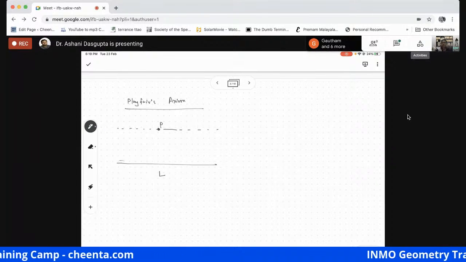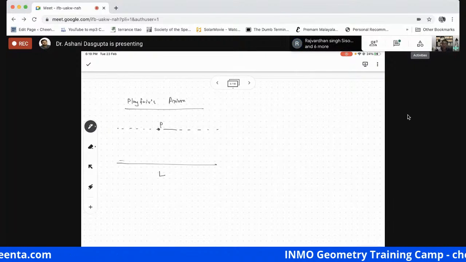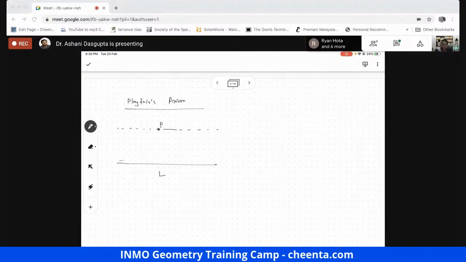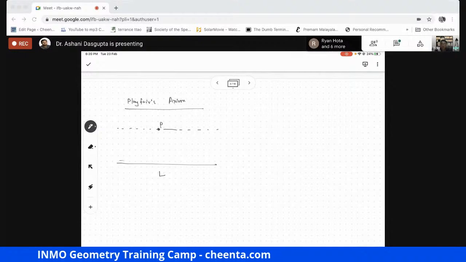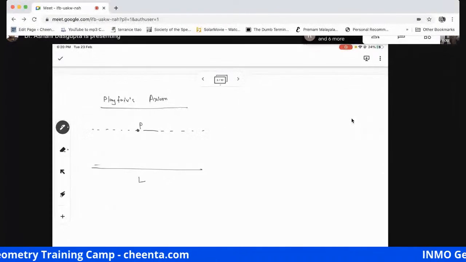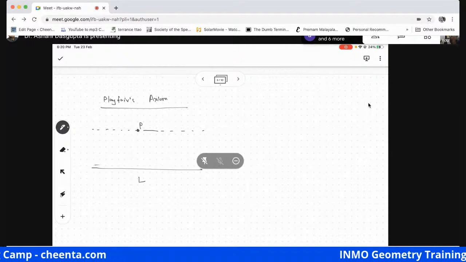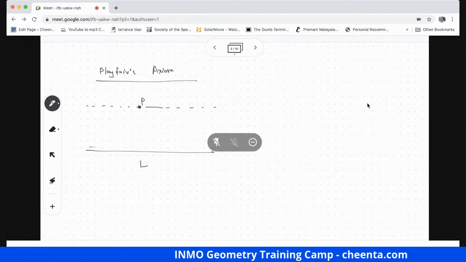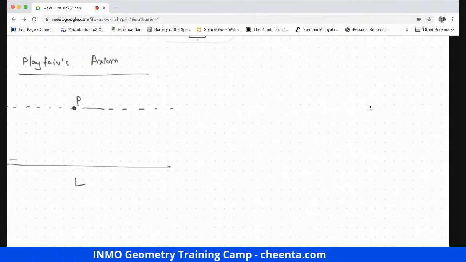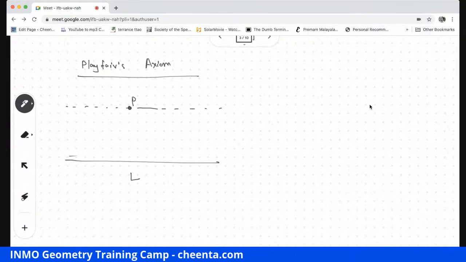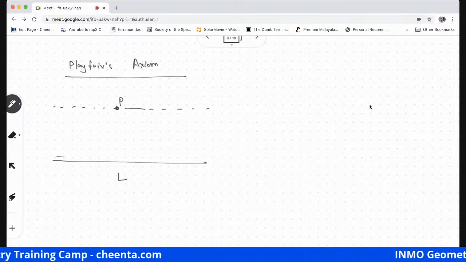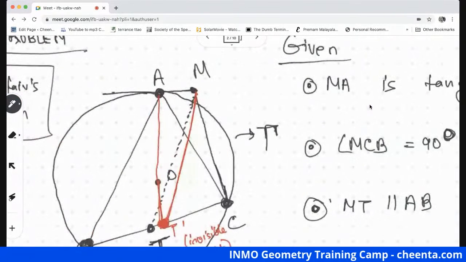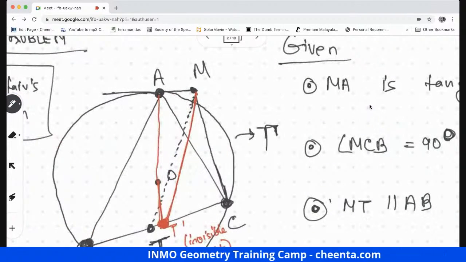Now, for thousands of years, people believed that Playfair's axiom can be deduced from other axioms of Euclid, but it turns out they are really independent. And if you do not accept Playfair's axiom, you get other types of geometry like non-Euclidean geometry, hyperbolic geometry, and stuff like that. So I'm not going to go into that, but I'm going to tell you how we are actually utilizing Playfair's axiom here.